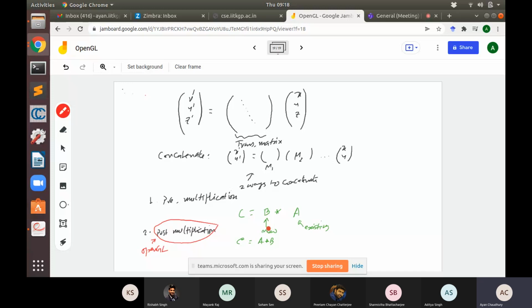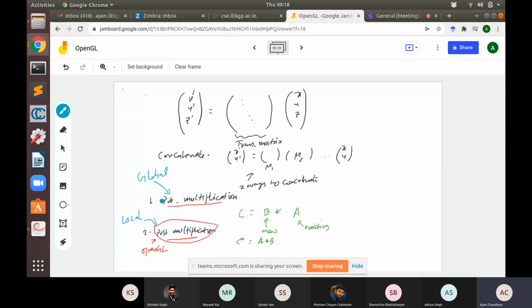Okay. So this can be thought of as these two types of things. Pre-multiplication and post-multiplication can be thought of from two points of view. You can consider pre-multiplication from a global coordinate point of view, and post-multiplication we can consider from a local coordinate point of view.